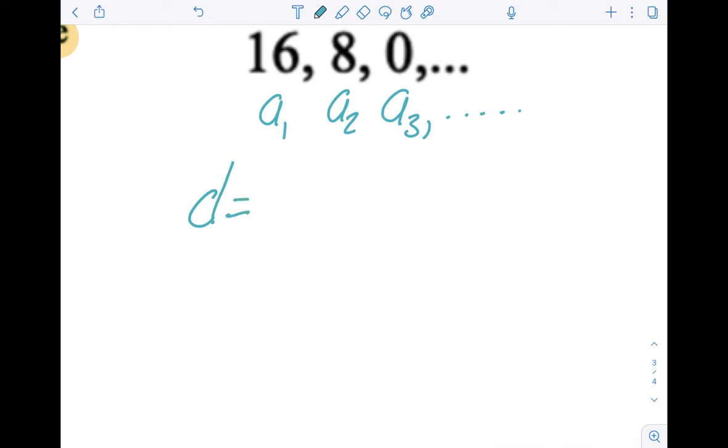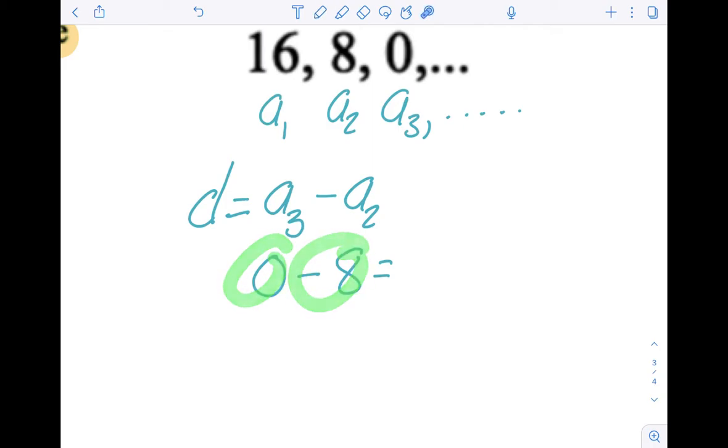D is equal to third term minus second term. Third term is 0 minus second term is 8. Well, 0 minus 8, they're not the same signs, so I subtract 8 minus 0, which is 8. 8 is bigger and 8 is a negative. I got negative 8 there. Look at that.